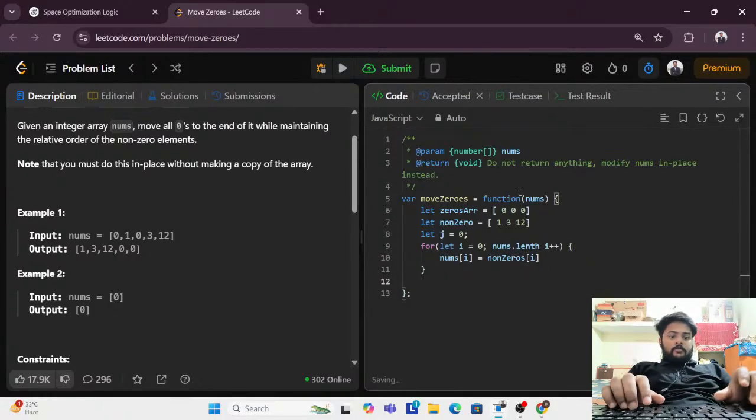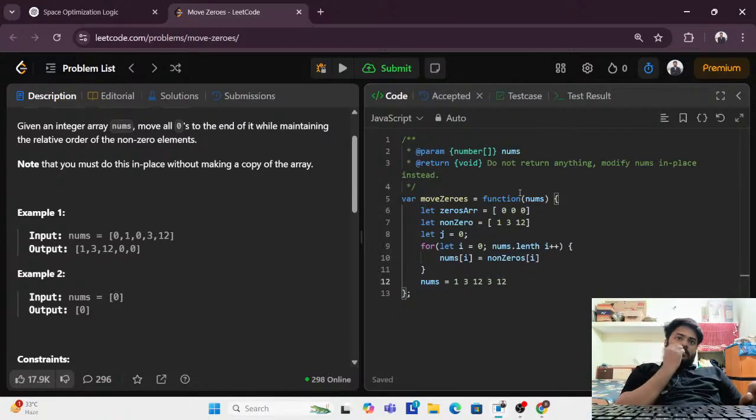So till now, what we have done is nums should be converted into 1, 3, and 12, and the remaining was already there, 3 and 12, right?